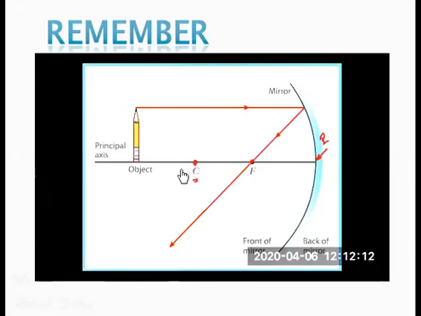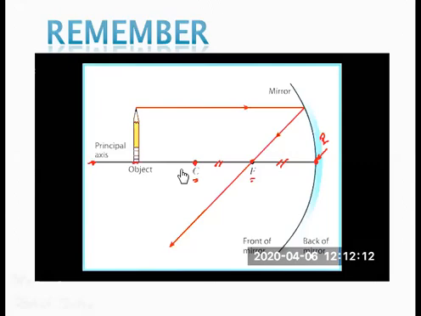This is F, which is the focal point. Let's remember that this should be equal to this. We put the object, the base of the object, on the principal axis, which is this line that connects the C, the F, and the pole.